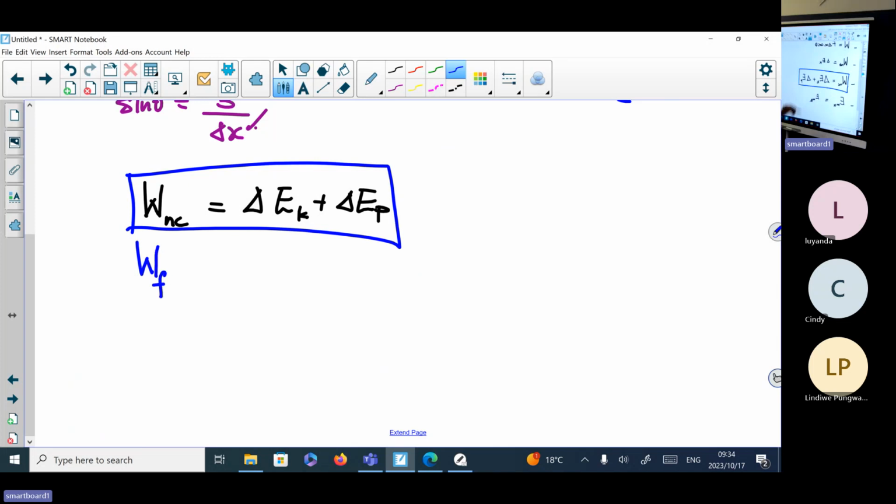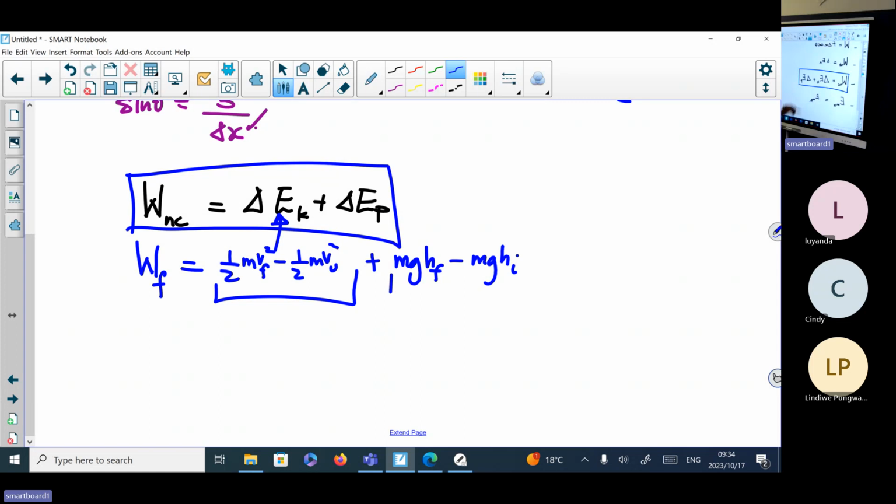only non-conservative force present. We can expand on this: change in kinetic energy, half m vf squared minus half m vi squared, plus the change in gravitational potential energy, m g h final minus m g h initial.